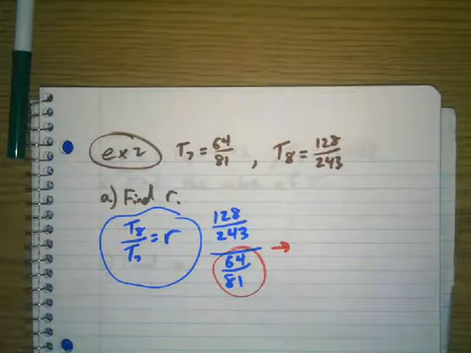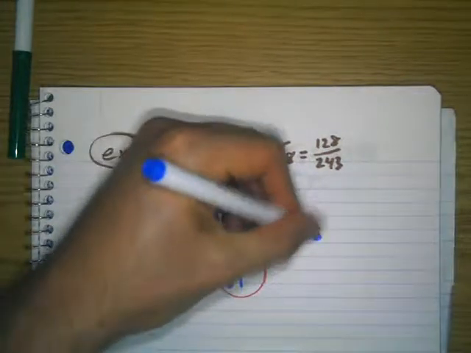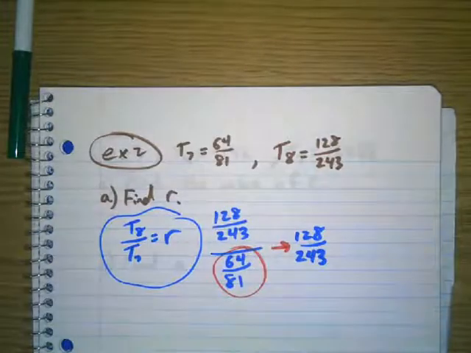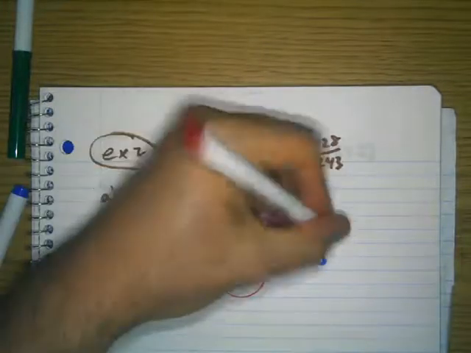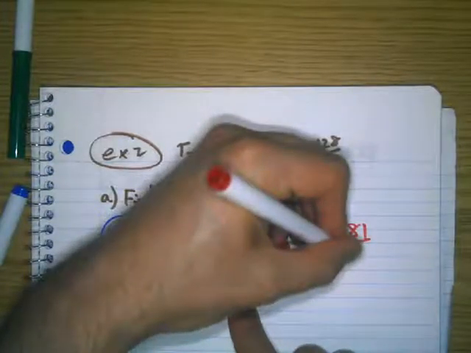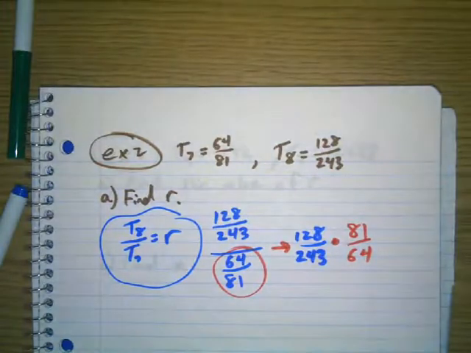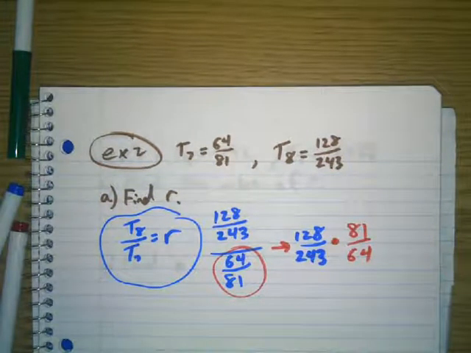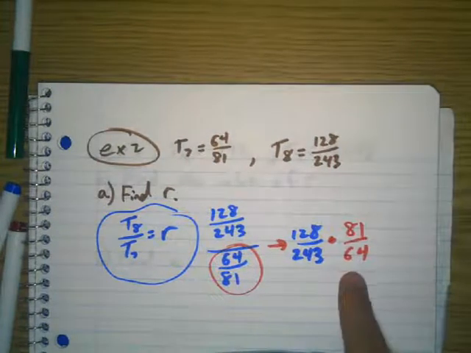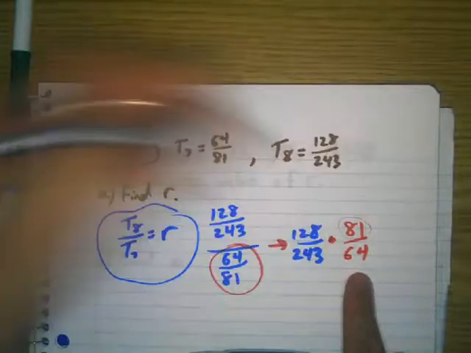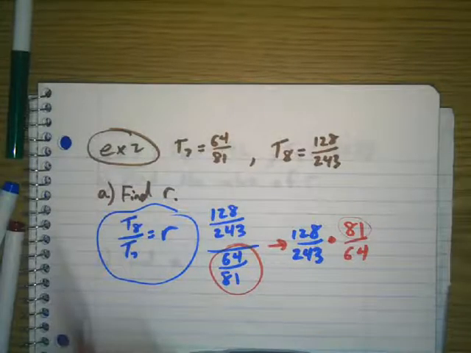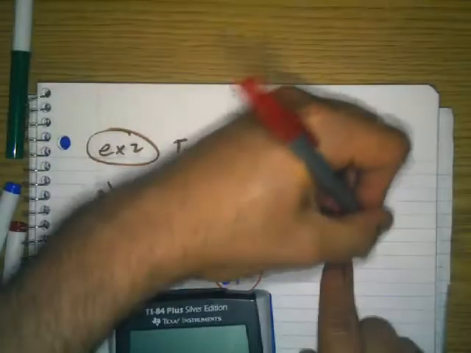So that would be equal to 128 over 243 times the reciprocal of this, so 81 over 64. Now, in order to do this, I would break this down. Actually, let's just do 128 times 81. Let's make it easy.